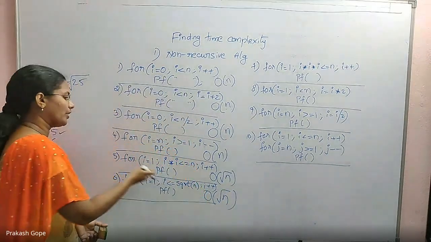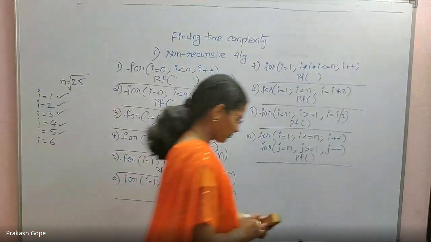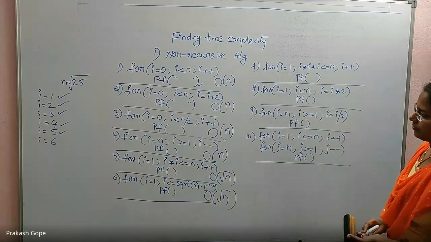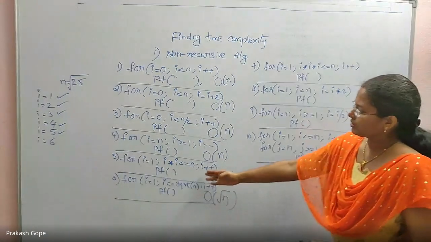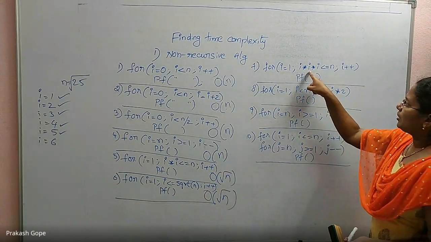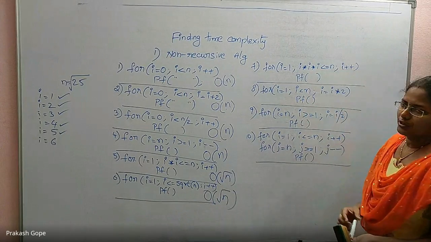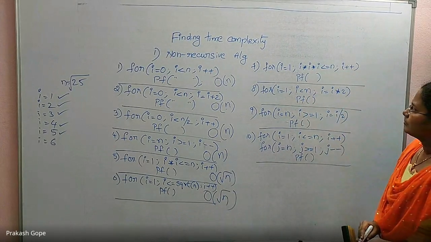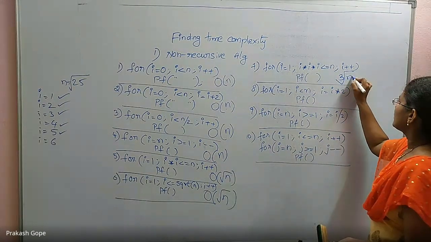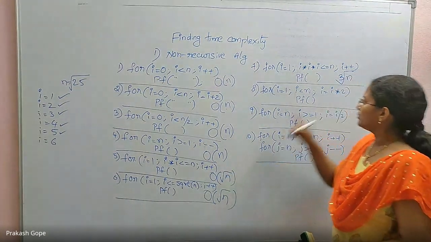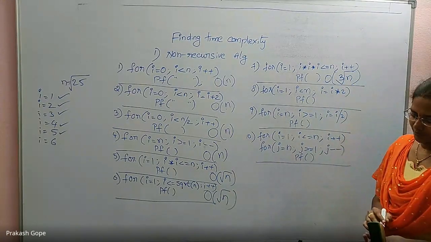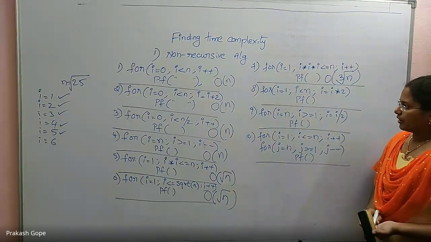Next, I into I into I less than or equal to n, I plus plus. That is cube root of n. Square root of n is n power 1 by 2, and this is n power 1 by 3. It is big O of cube root of n. Okay, next one.